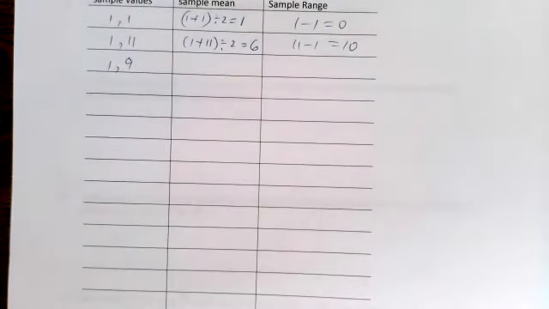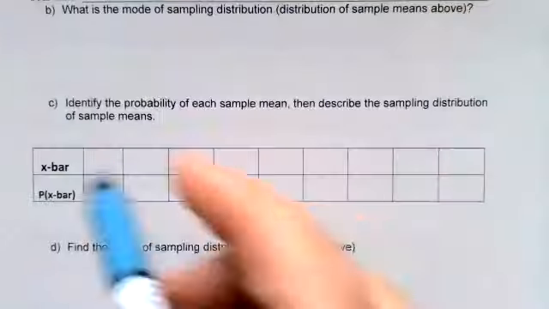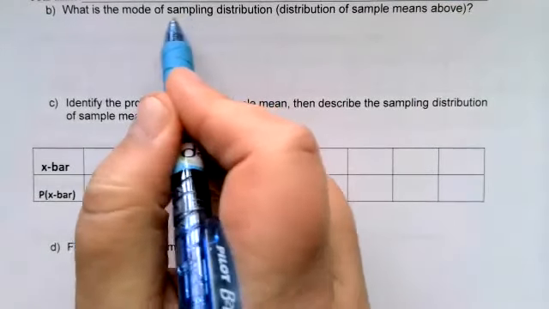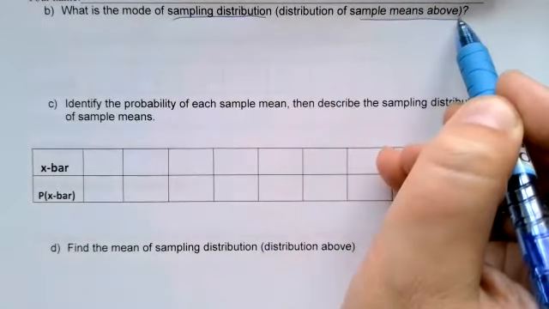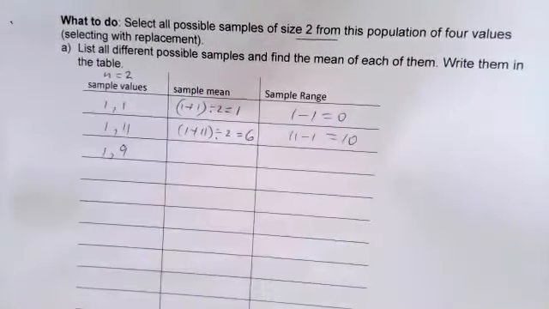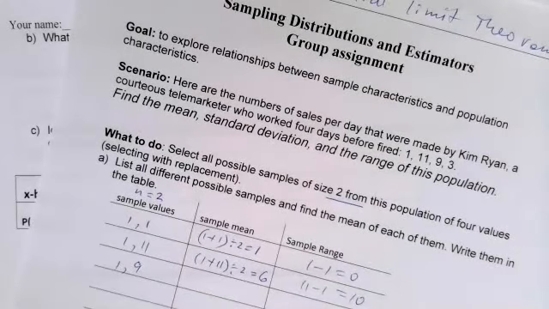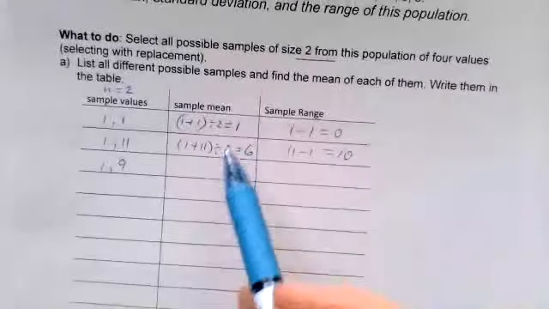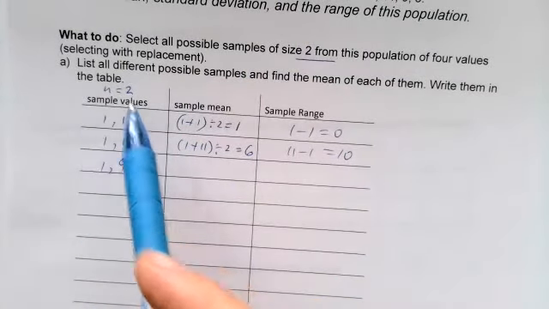And then for the next couple of questions, we're talking about the sampling distribution of sample means. So what does that mean? That means we're going to treat those means now as our random variable x, right? This is our new distribution that came from these samples of size 2.